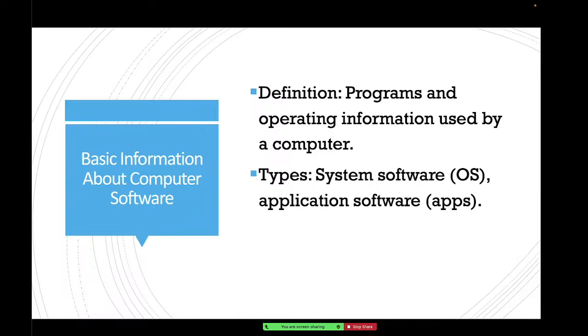So you have different types of programs. You have system softwares and application softwares, or what you call apps. System softwares are softwares that are meant to make the computer work as it is supposed to perform. They are just there to add value on the computer. For example, you hear of something called operating system.